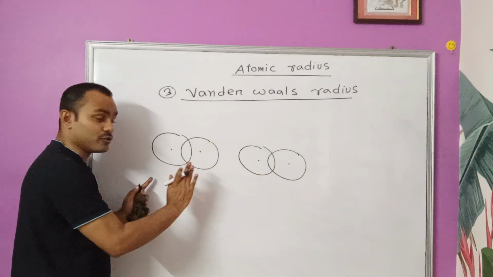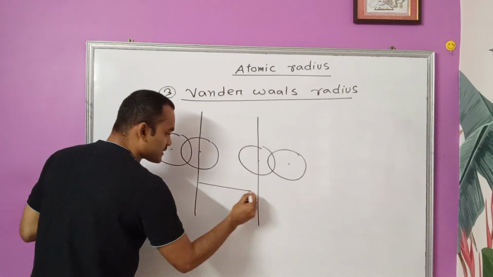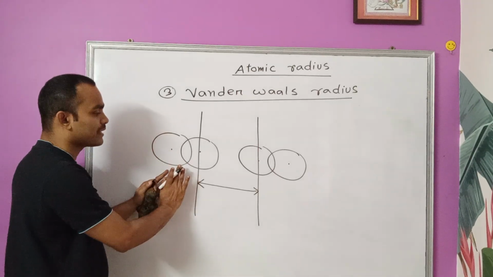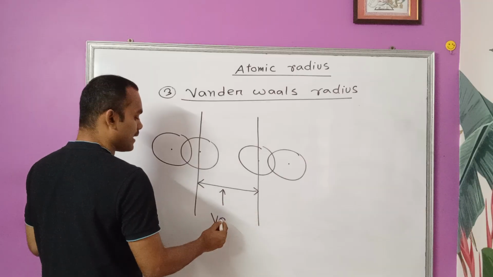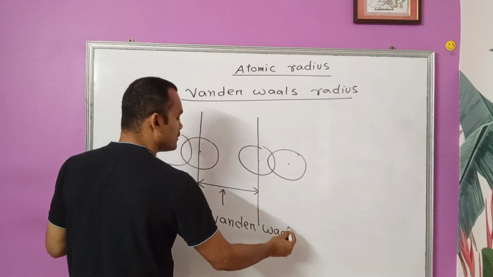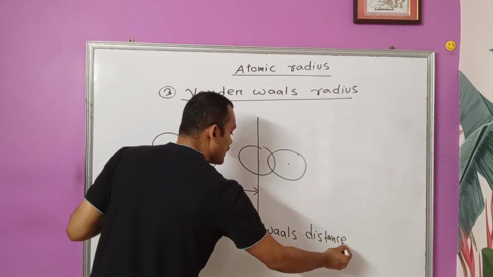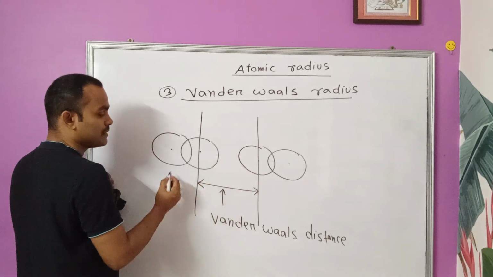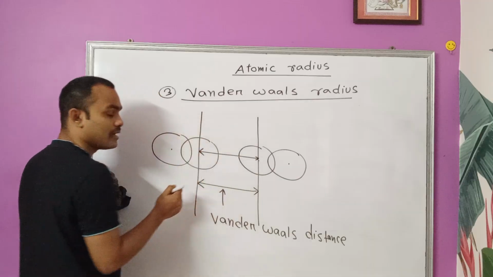There are two different molecules, so the distance between the two different molecules is called the van der Waals distance. Half of the van der Waals distance gives the radius, while this total distance from here to here is called the van der Waals distance.